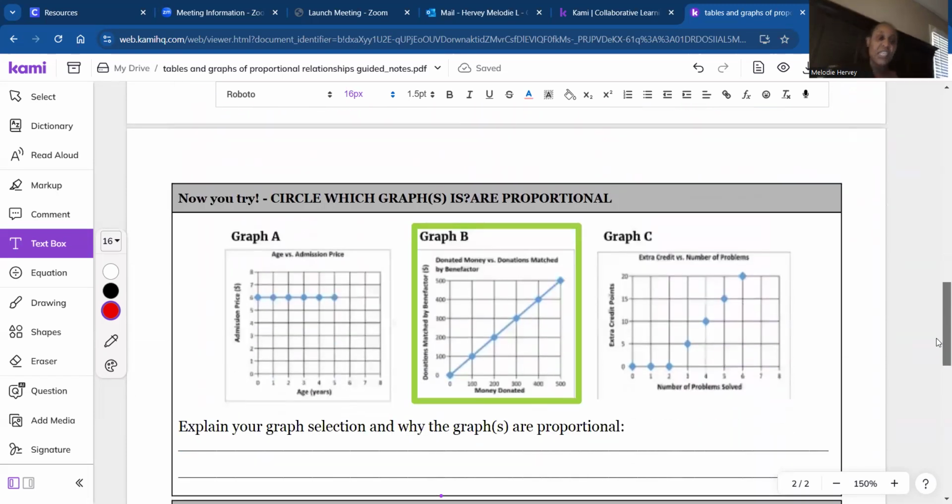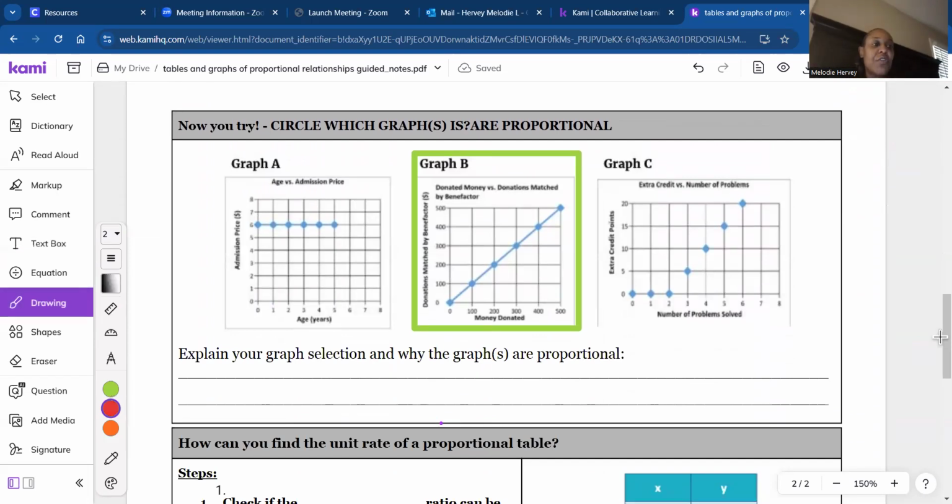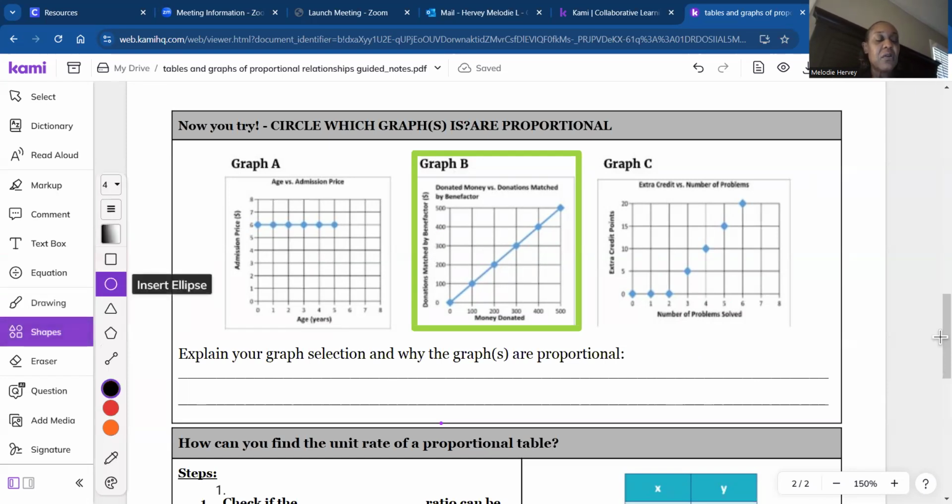All right, now let's look at these graphs A, B, and C to determine whether or not they increase proportionally, or they are proportional. So look at graph A. Is graph A proportional?